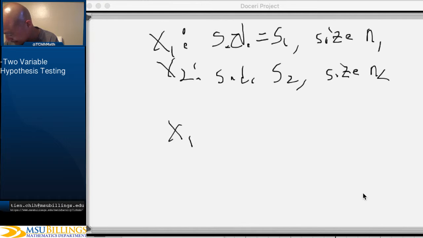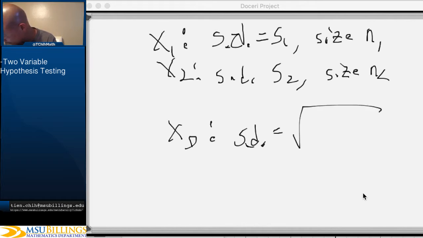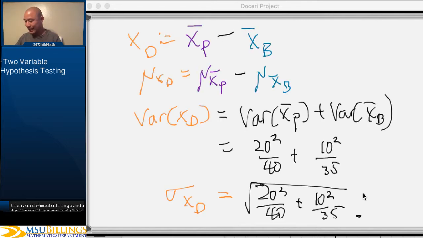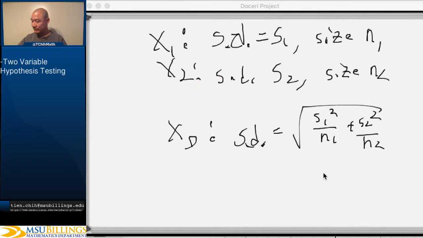Then if you had xd for the difference, its standard deviation is going to be the square root of s1 squared over n1 plus s2 squared over n2, right? And that's just following the same arguments that we made here. That's the variance of the first variable, that's the variance of the second variable. Take your sum, take your square root, right?